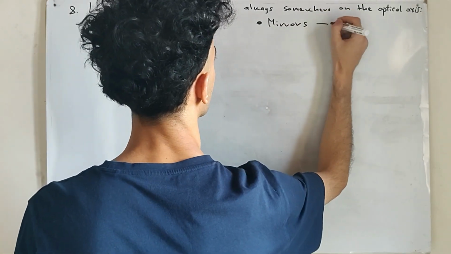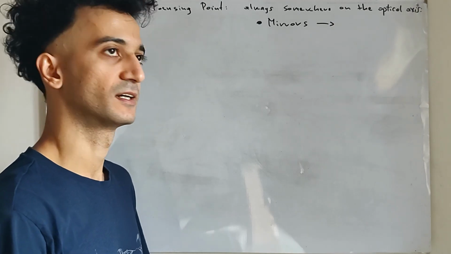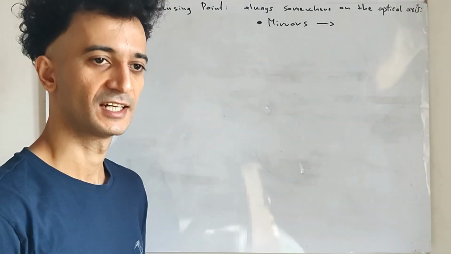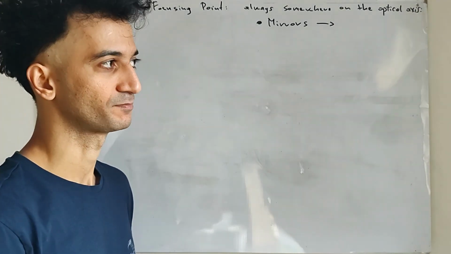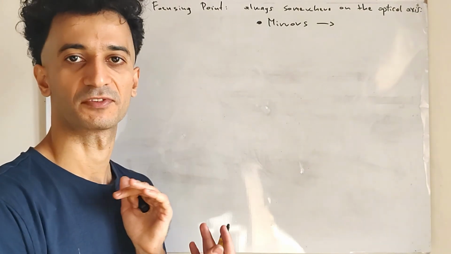Now, if you are using mirrors, what's happening is that it's basically geometry, and it happens to be the case that the focus is positioned halfway in between the center and the surface of the glass.